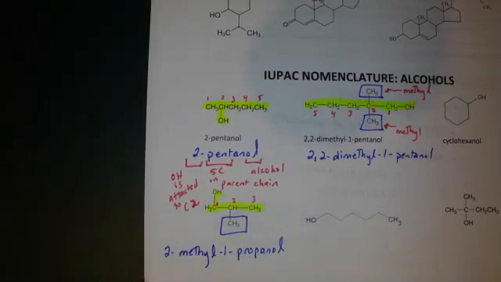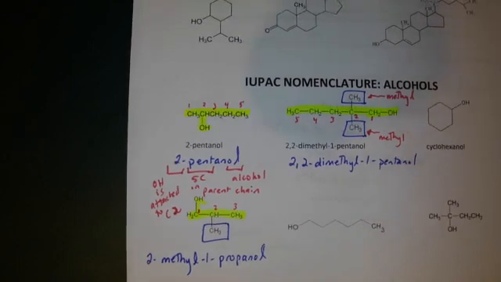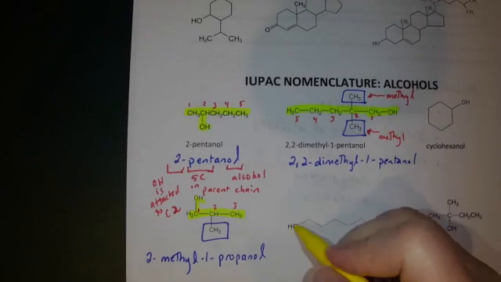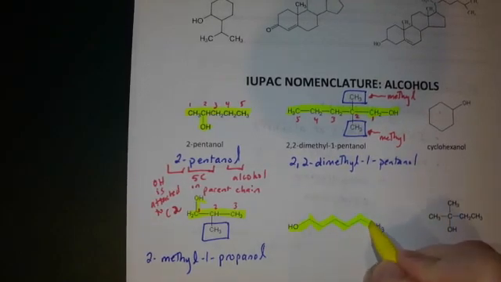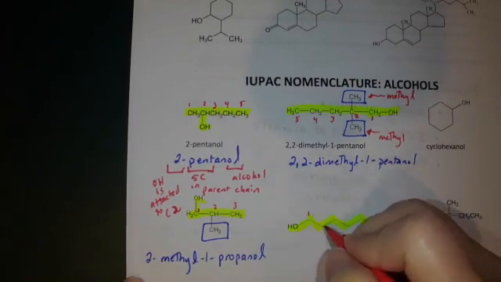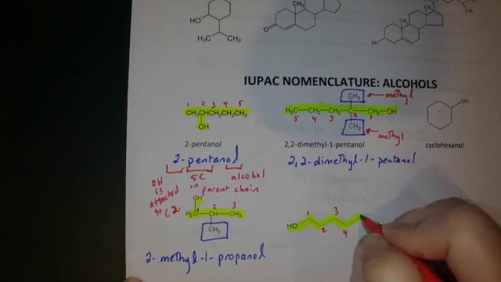So 2-methyl, 1-propanol. When you have the line angle notation, that doesn't change anything. Highlight the alcohol, highlight the longest continuous chain that includes that alcohol, number closest to the alcohol group.